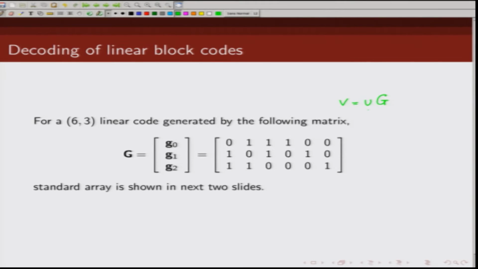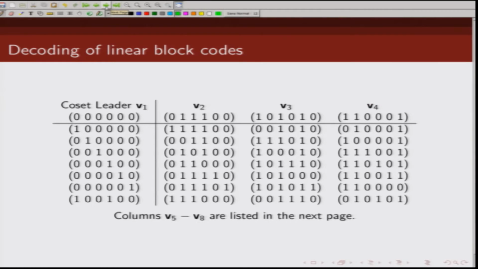and you can find those 8 code words, because you know the G is given to you and you know what is your U. U basically goes from 0 0 0, 0 0 1, 0 1 0, up to 1 1 1. So, you can find out what these code words are, and I have listed these code words here. So, you have the all 0 code word, and then the other code words are 0 1 1 1 0 0, 1 0 1 0 1 0, 1 1 0 0 0 1.